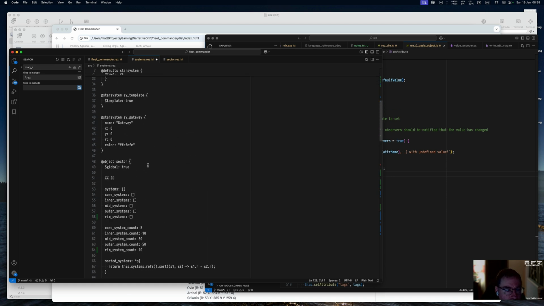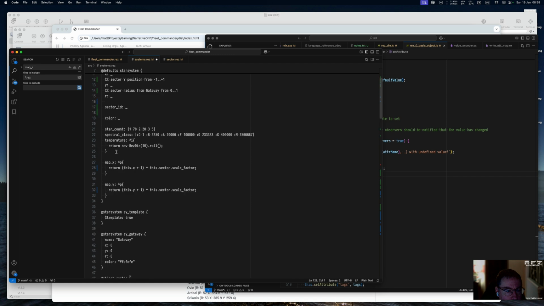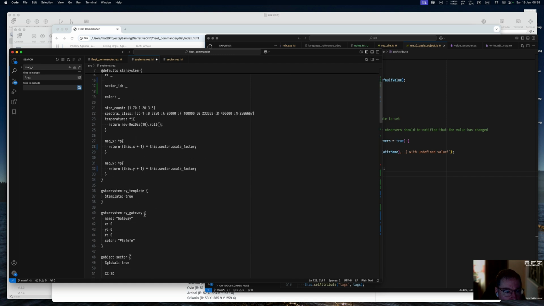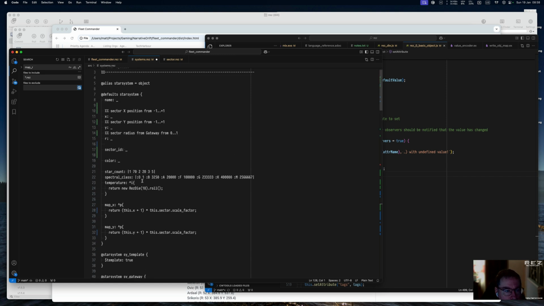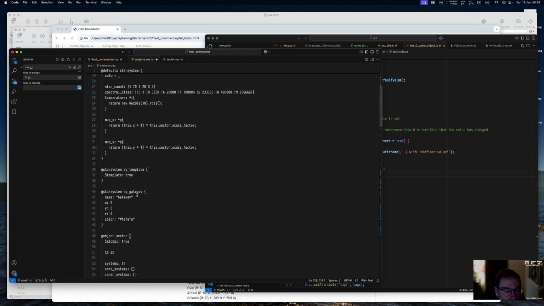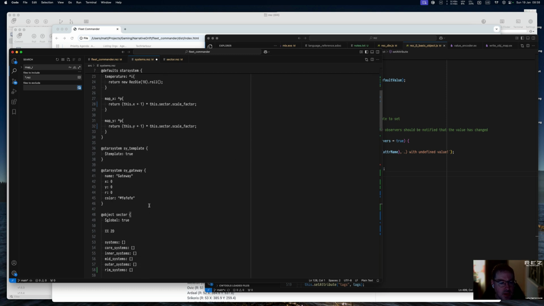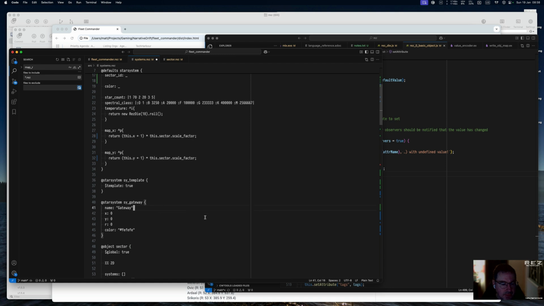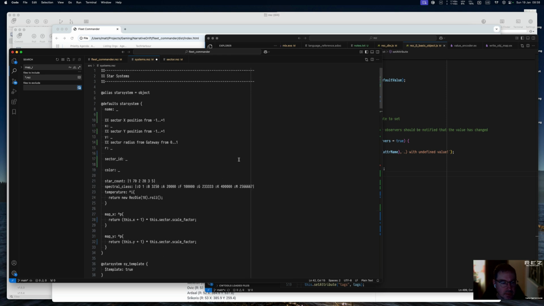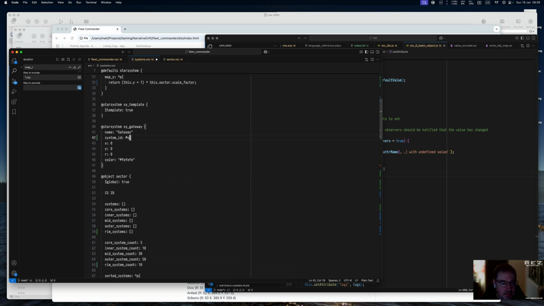Right, so the issues about gateway, I think actually now, so we've got the defaults for the star system. I think now actually that should work if we use, system ID is sector, was it? Sector.